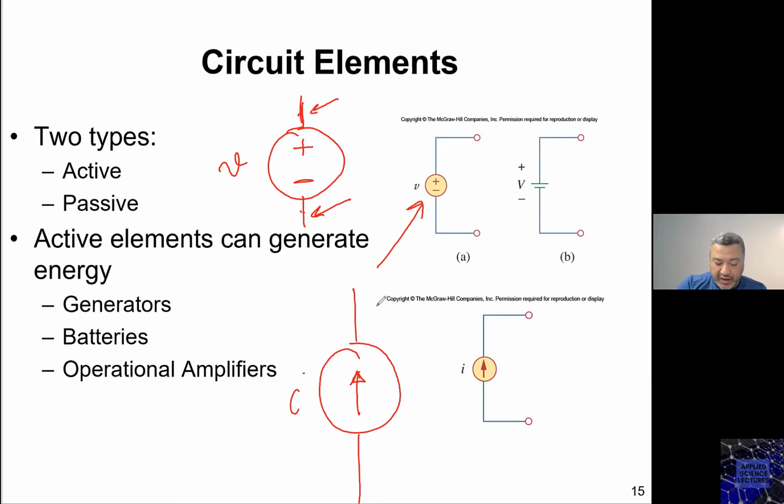Now, for the voltage source, I don't know the amount of current. The amount of current is not constant. It varies. This will be defined based on the circuit that I hook this voltage source up to. Here, for the current source, the current is constant, but I don't know how much voltage this current source is going to generate. This will be defined based on the components that I am hooking this current source up to.